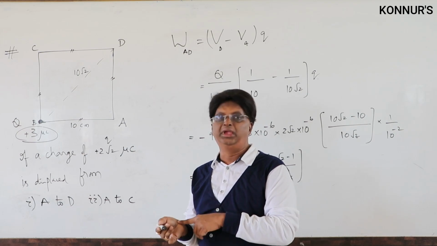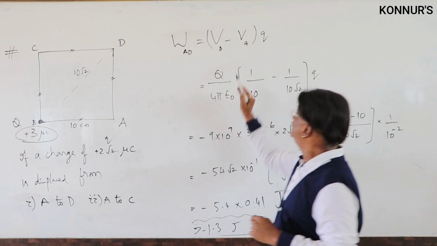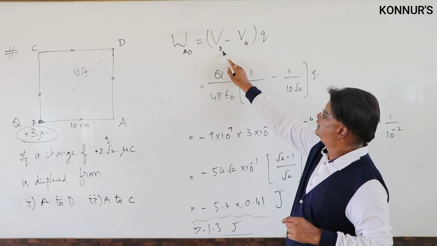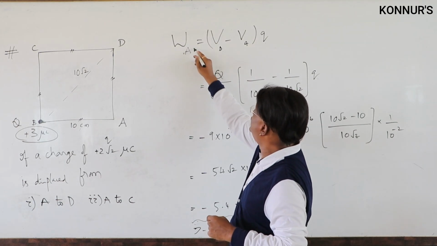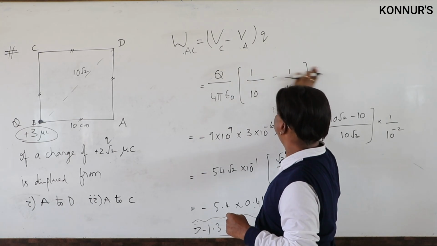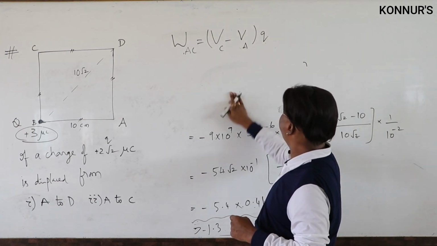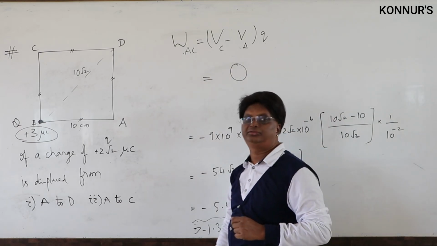Equidistant points means equipotential points, that is VA or VC minus VD. Next, it is from A to C. You write it as VC minus VA times the charge. Now here VC minus VA will be 0 and hence work done will be 0.